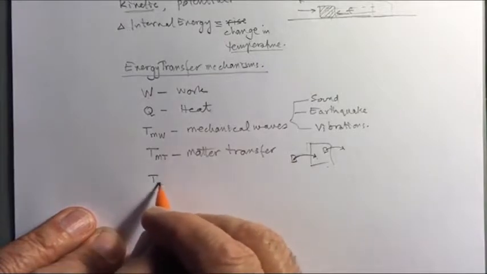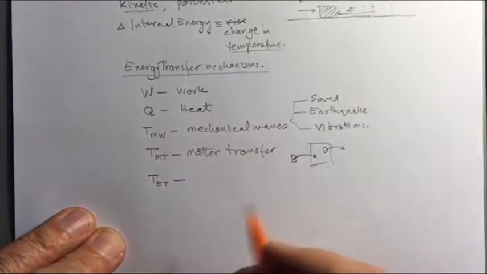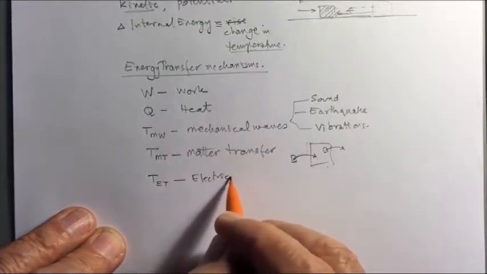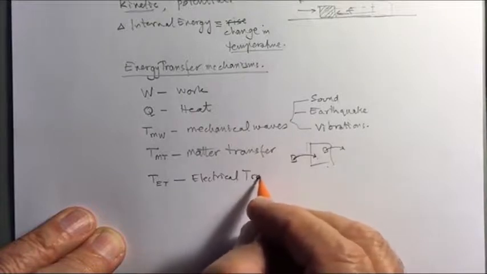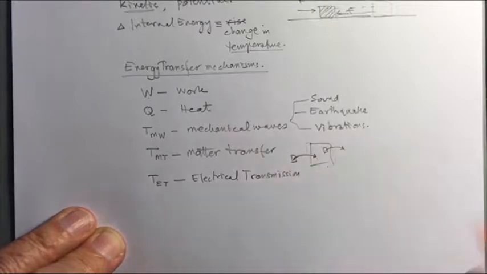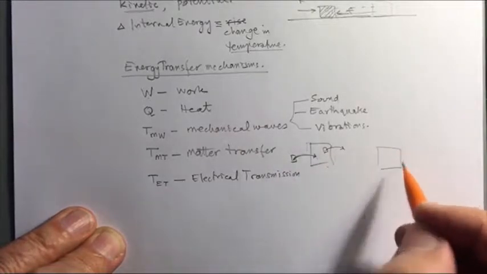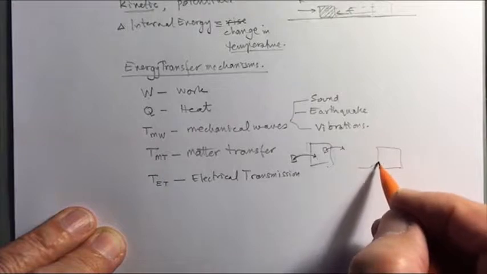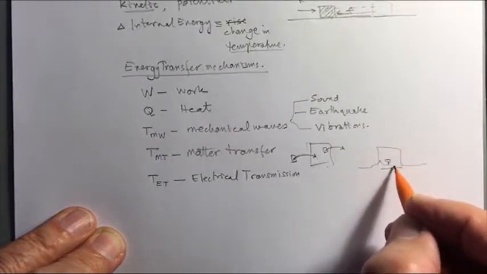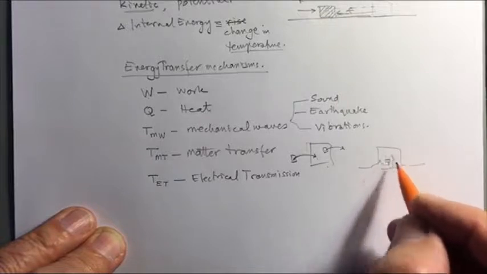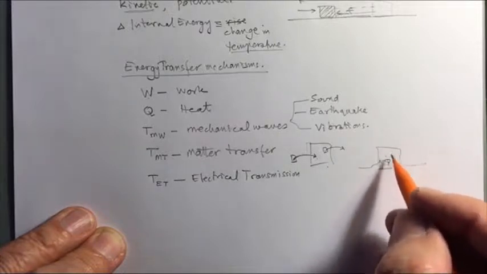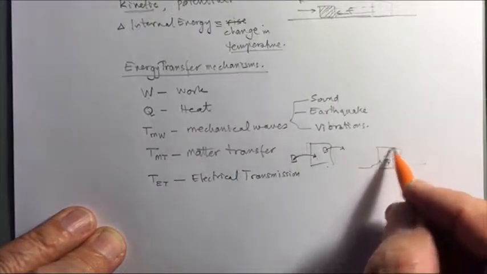Then we have electrical transmission. So, for example, if this room is considered a system and we have electric wires coming in, and the wires go out, and if we turn on a heater here or we turn on a lamp here and that gives off light or gives off heat, we can change the internal energy of this system, or we can operate a motor or some other mechanical device and do some work inside.